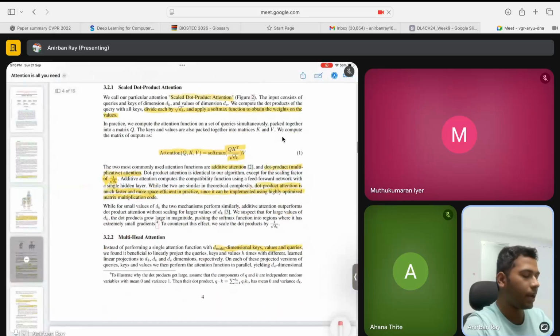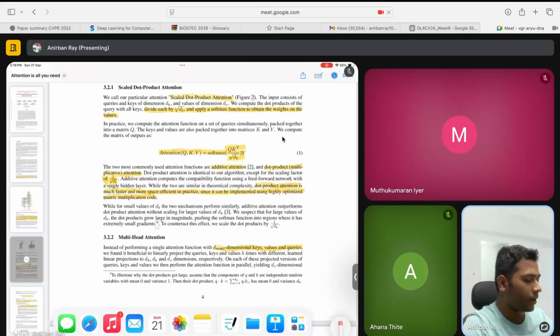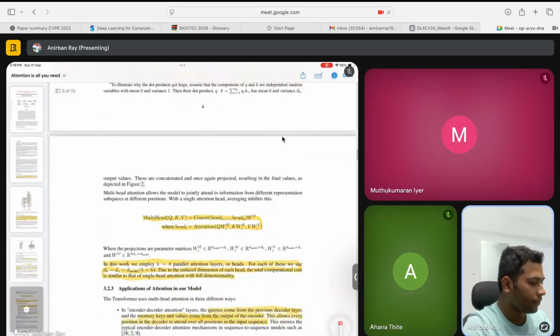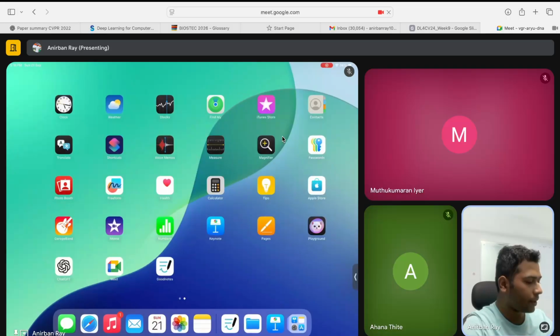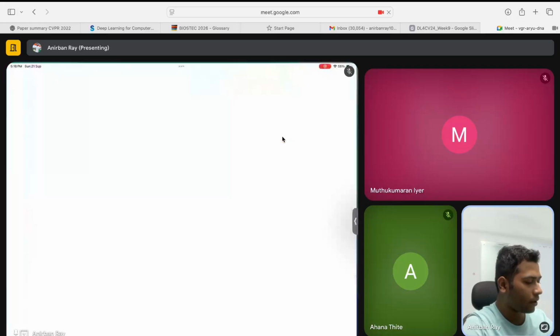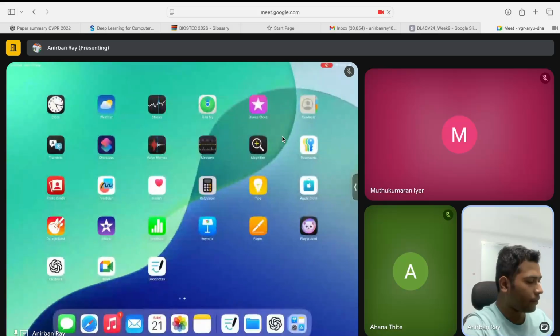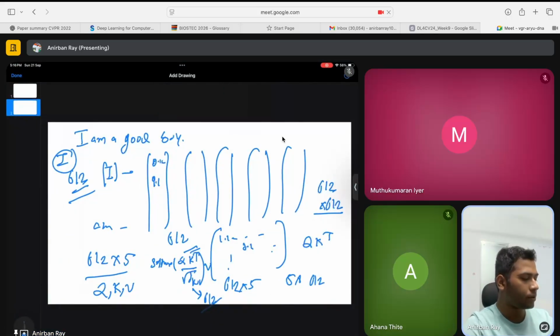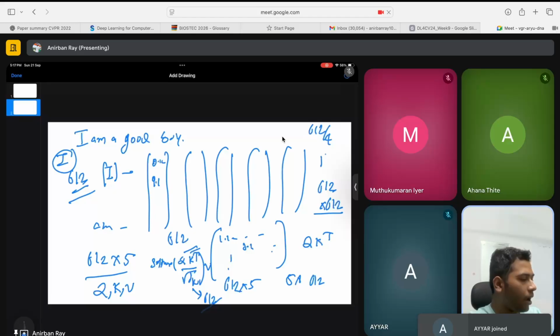Further, we see that they form a multi-head attention. What that means is that they divide the model dimension into, suppose, 4 or 5 parts, and subsequently the matrices are also divided. So suppose 612 is divisible by 4, so we have 4 heads here, and you divide by 4.